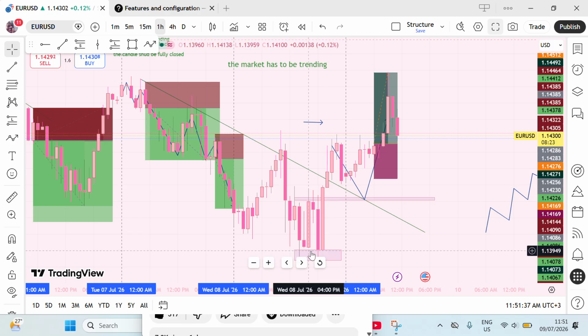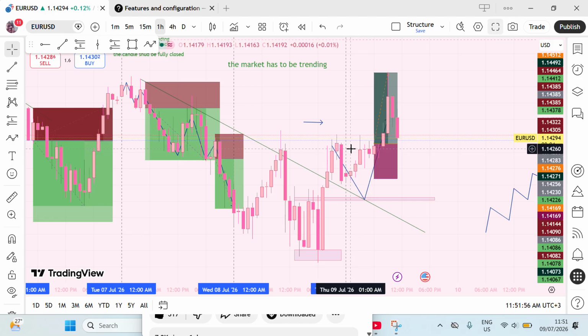If it creates a double bottom but has not broken this trend line, you're not supposed to enter. It's supposed to break this trend line, retest it, and after retesting it, that's when you enter. That's when you look for those buys. You understand? So that is something I wanted to share with you guys.